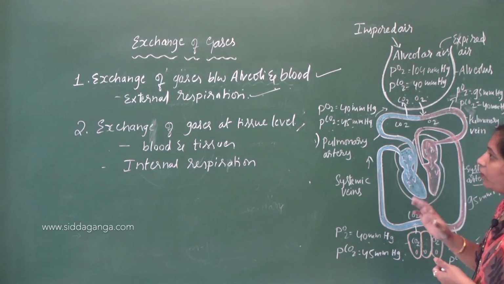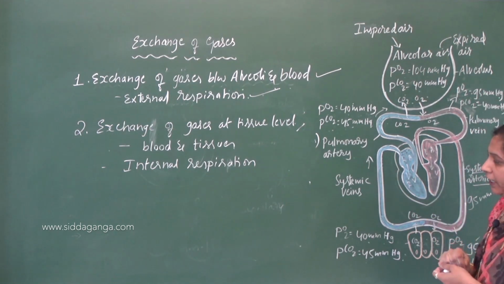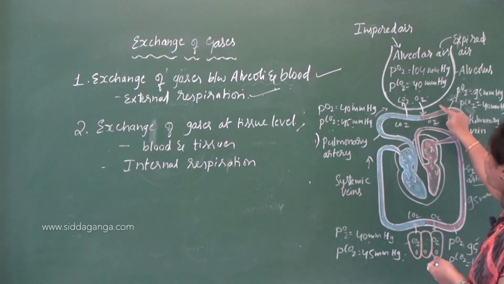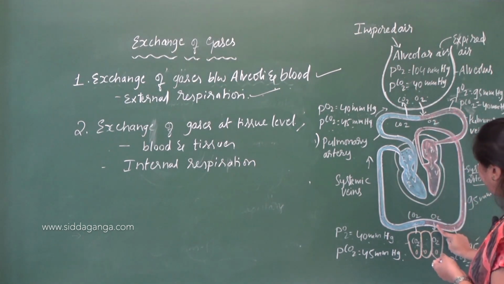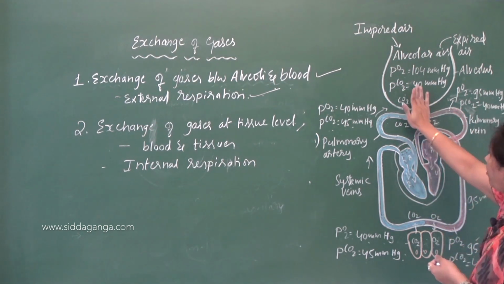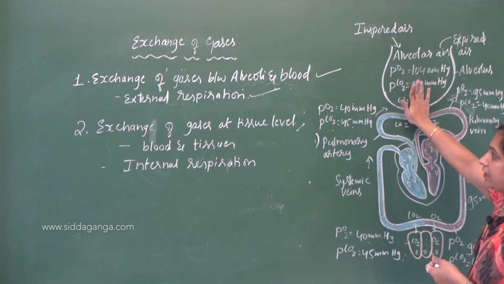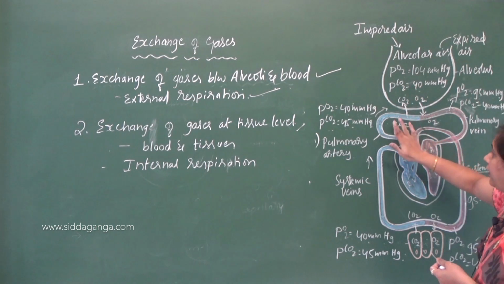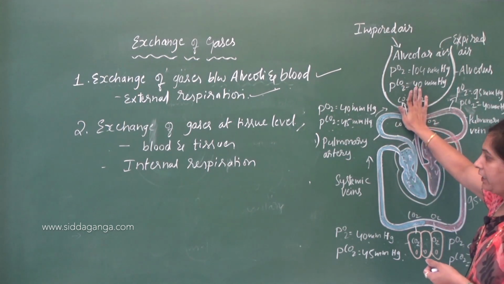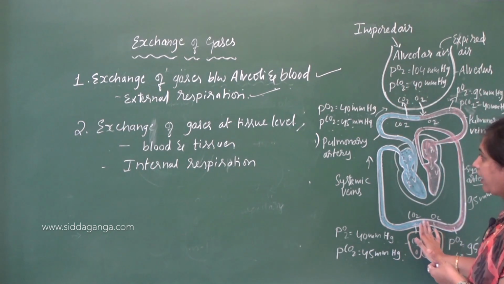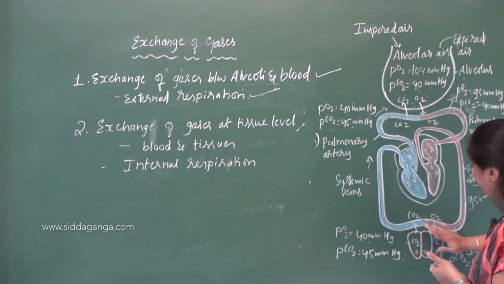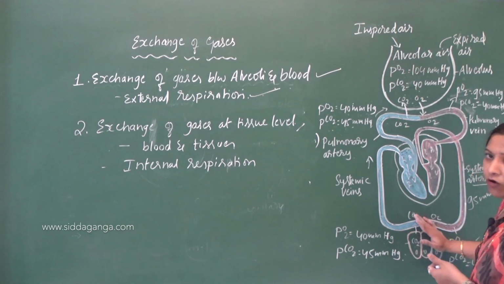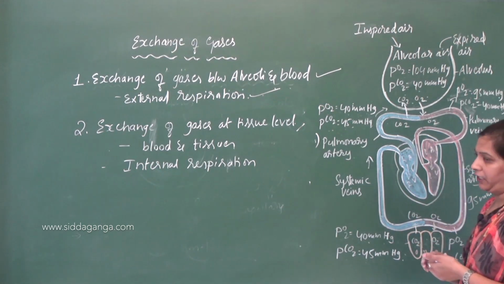Okay, so this is how the exchange of gases takes place between the alveoli and the blood, and between the blood and the body tissue. The exchange of gases at the alveolar level, between the lung alveoli and the blood in the pulmonary artery, is called external respiration, whereas the exchange of gases between the blood and the body tissues is called internal respiration.